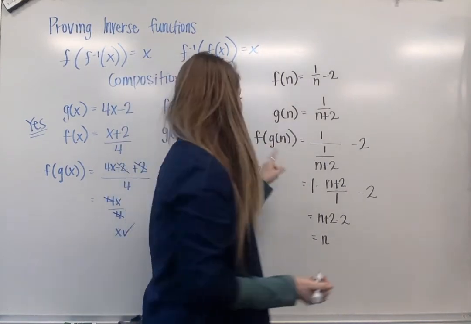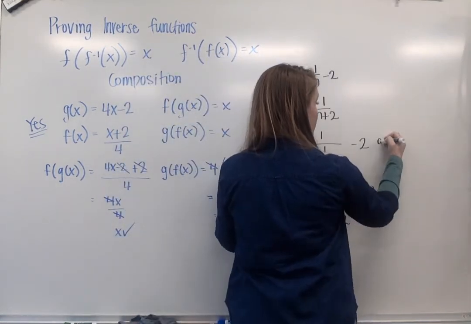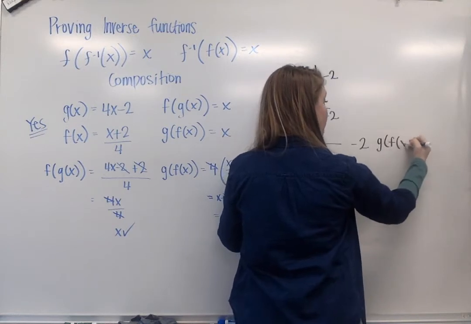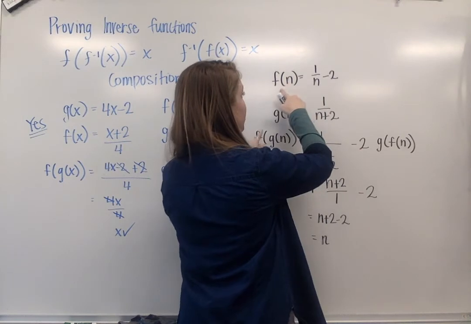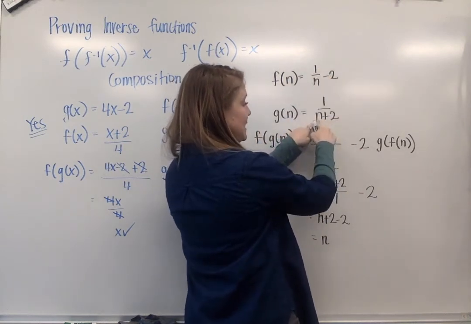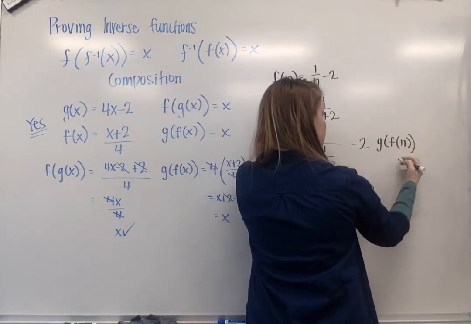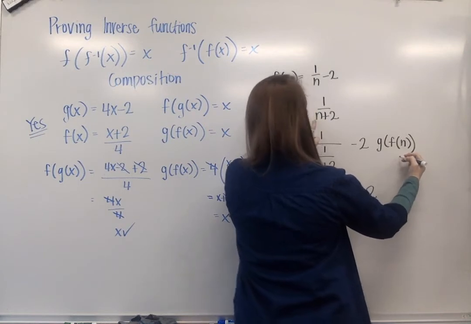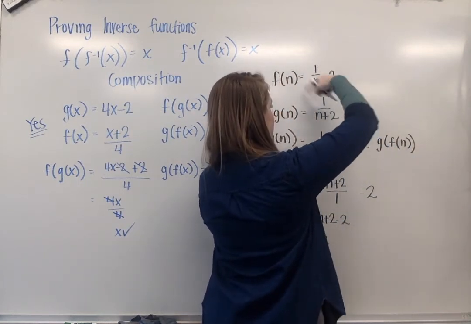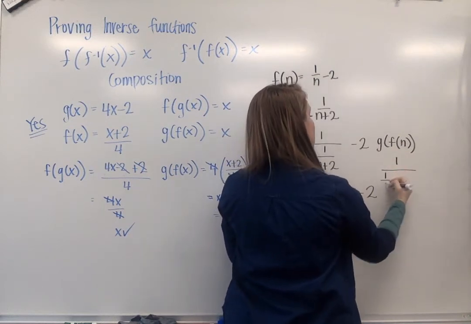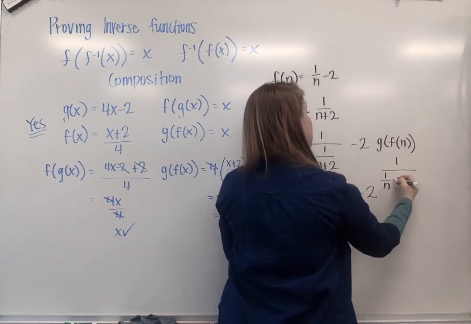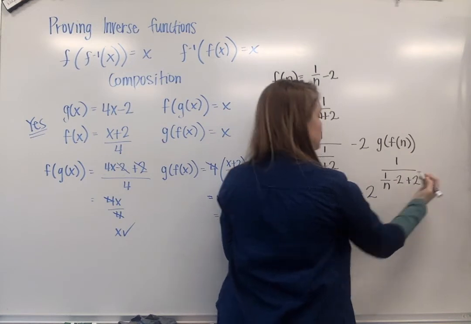Let's go ahead and try the other. So now I'm going to take g of f of n. So I'm taking my function f, and I'm replacing n. So that's going to look like 1 over ((1 over (n minus 2)) plus 2).